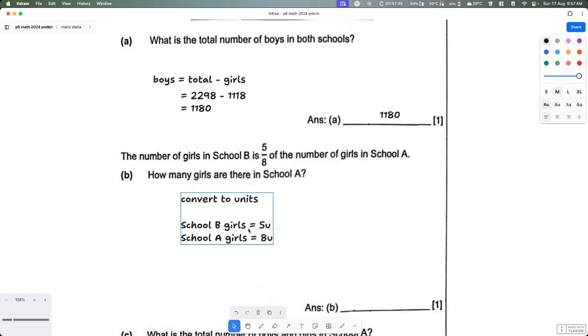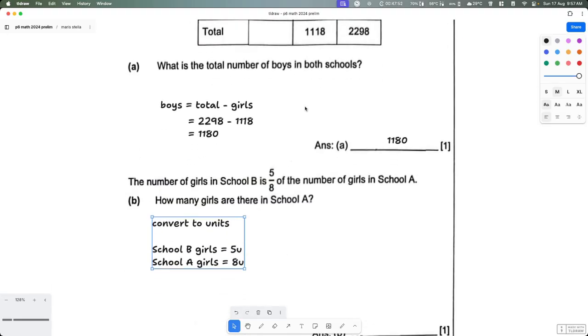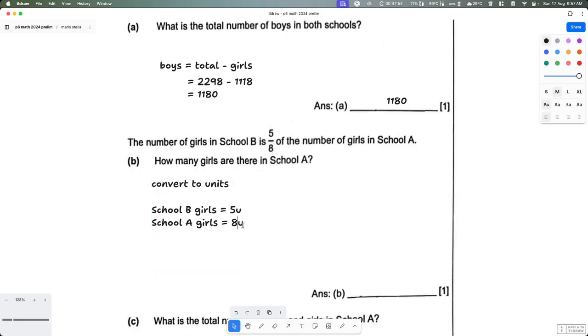The total units is equal to 13 units. Total girls is equal to 1118. So 13 units is equal to 1118.